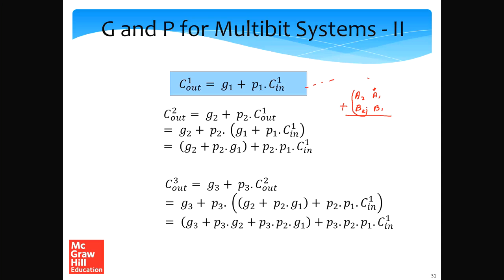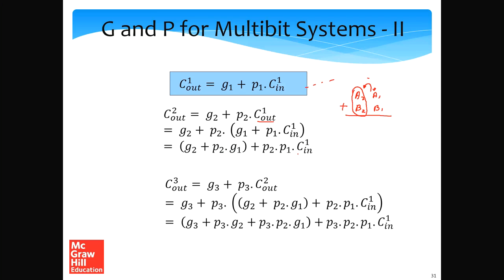If I consider the second bit pair over here, the carry that is coming out, Cout2, is G2 or P2 and the carry that is coming out of the first bit pair. So then I can do a little bit of algebra and replace Cout1 with this expression here, and I just rearrange the terms.